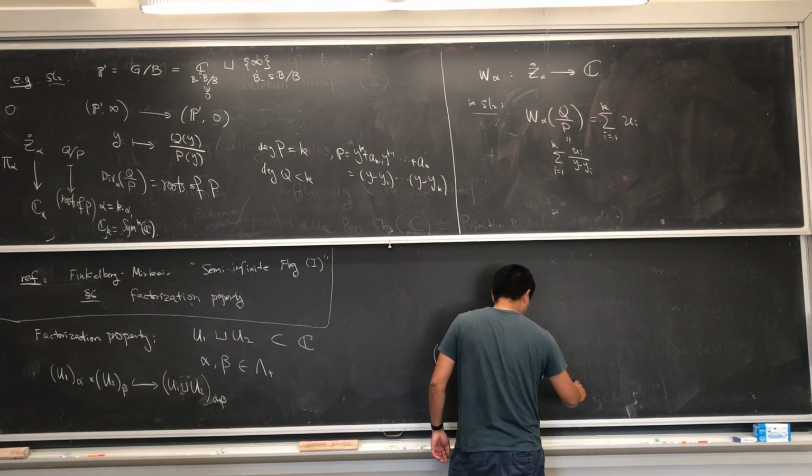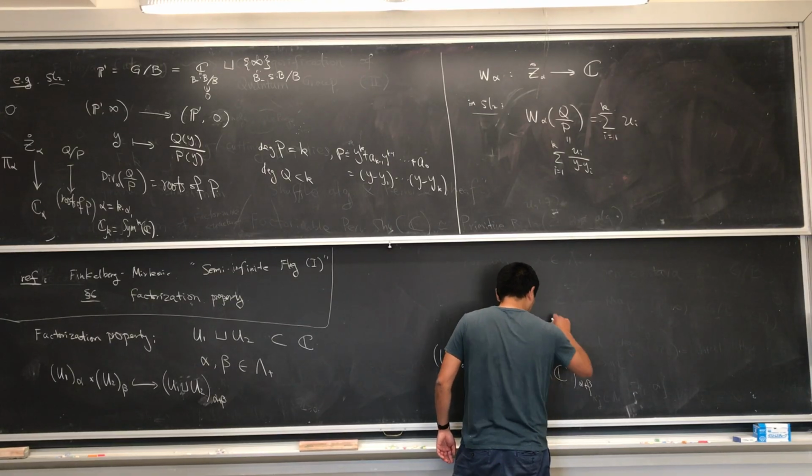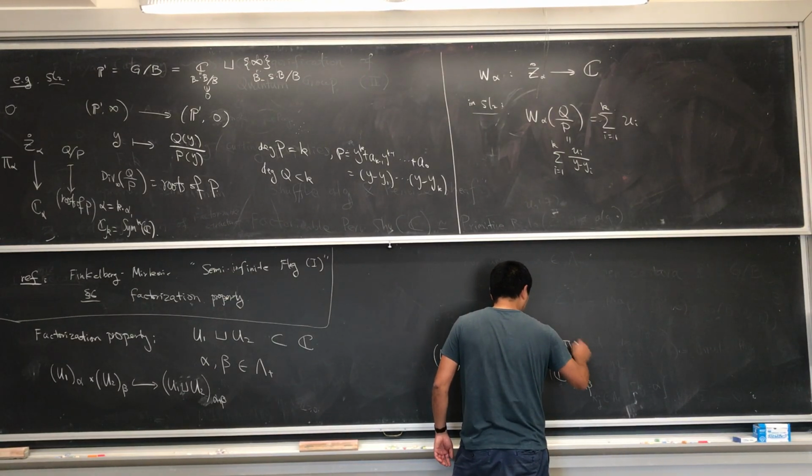Let's put this total C. And here you have pi alpha plus beta.